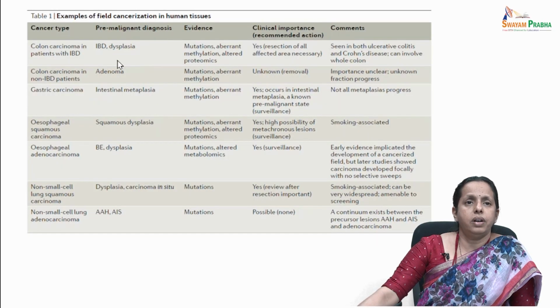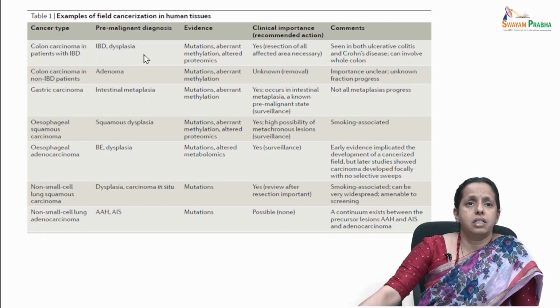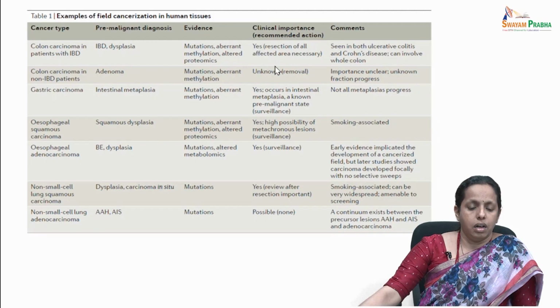So now what are the different examples of field cancerization in human tissues? You have the colon carcinoma, where you have the pre-malignant diagnosis in the dysplasia. You can clearly see differences in mutations. We can see aberrant methylations, altered proteomes, and then yes, it is resection.